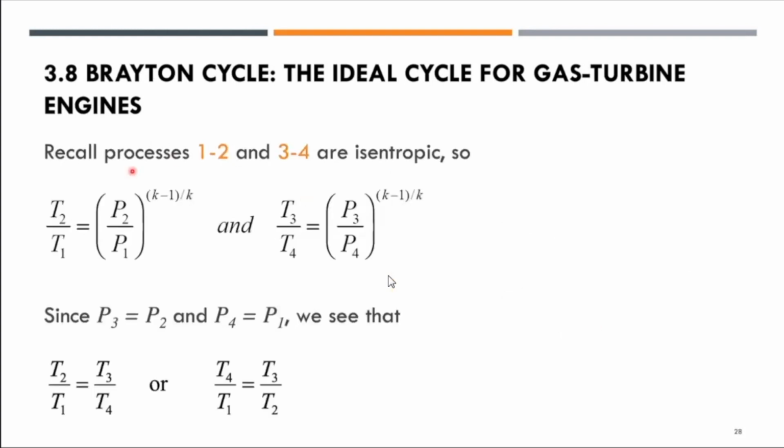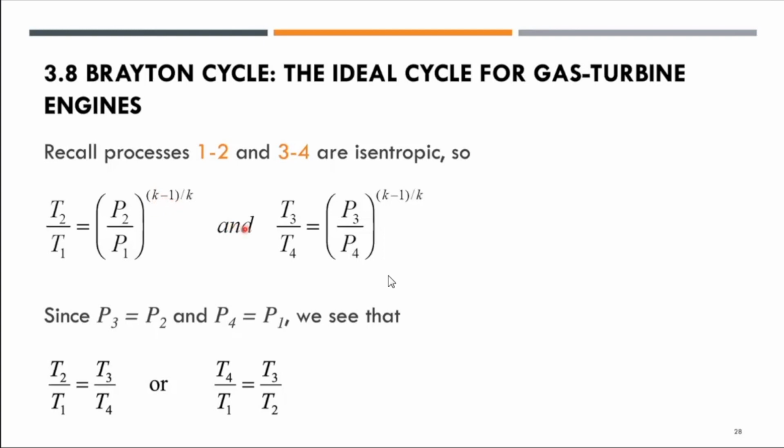Okay? So you recall back that processes 1 to 2 and 3 to 4 are isentropic. So for the isentropic case 1 to 2, we can write the temperature relationship with the pressure ratio, with the value of the specific heat ratio, in this case for air, the gamma or k.